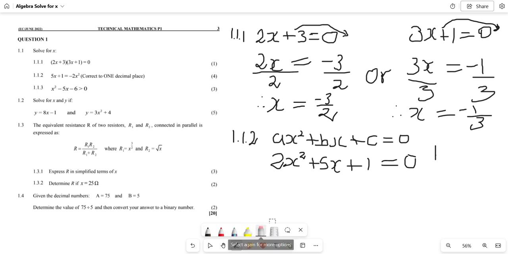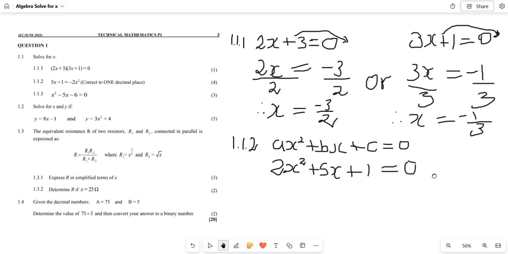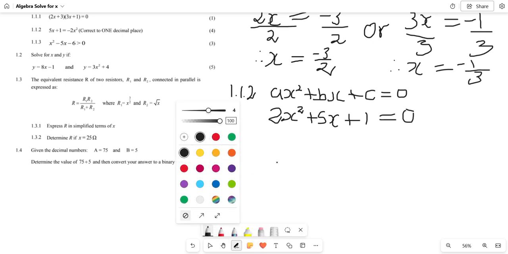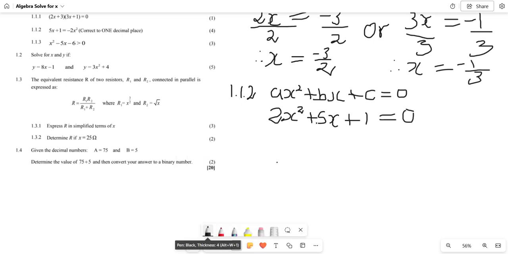Sorry for that. Let me erase what I have here. This is what we have as our standard form: 2x squared plus 5x plus 1, that is equal to 0.